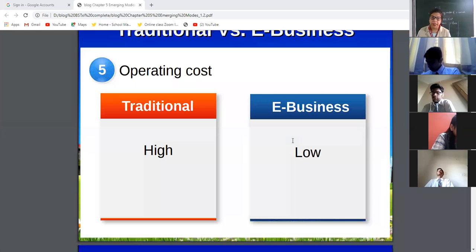If that is on rent, then rent. So operating cost is high. They have to keep a variety of products.